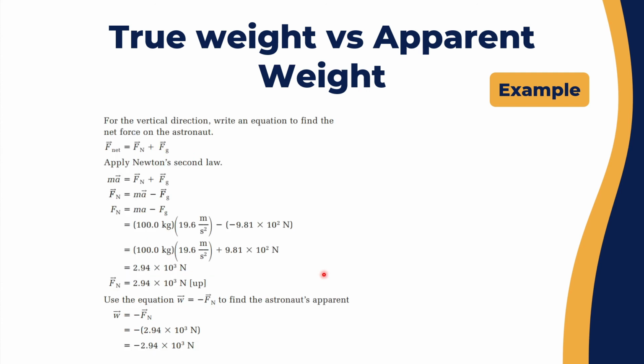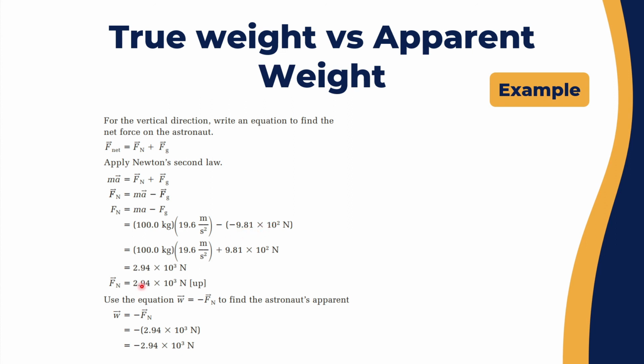For the vertical direction, F net equals F normal plus F gravitation. We found the F gravitation. F net can be represented as mass times acceleration equals F normal plus the gravitational force. Rearranging, F normal equals the mass times acceleration minus the F gravitation. That is 100 times 19.6 minus the minus 9.81 times 10 to the power of 2 newtons.